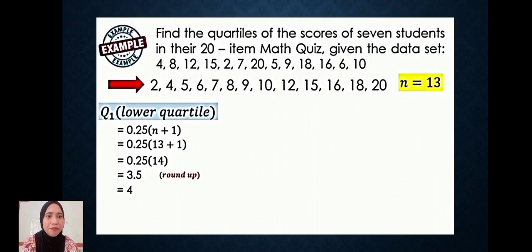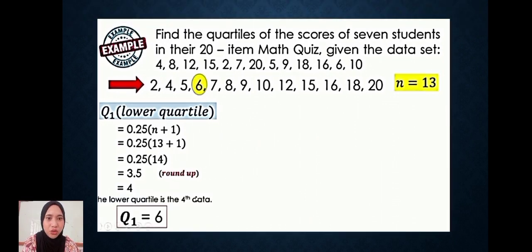So, ang kukunin daw natin is yung nasa 4th position. So, the lower quartile is in the 4th data. Meaning, ang answer natin sa Q1 is hindi equal to 4, kundi yung 4 is nag-determine lang sa atin kung saan nakaposisyon ang ating Q1. So, bibilangin natin na 4 siya.